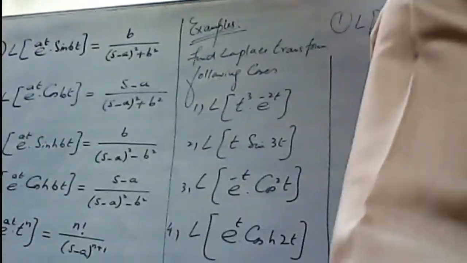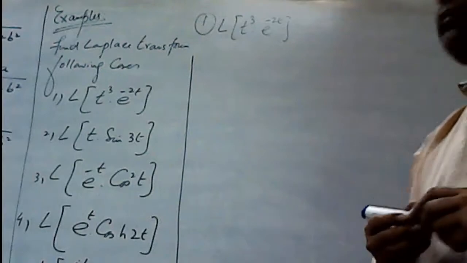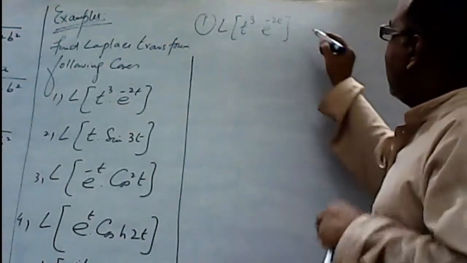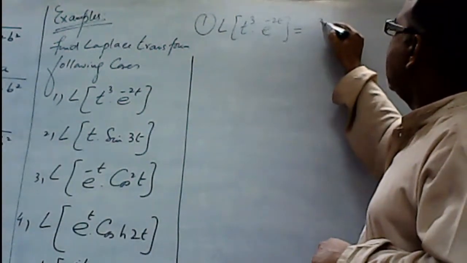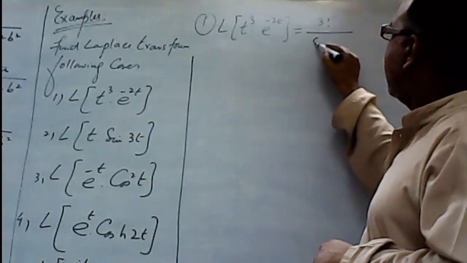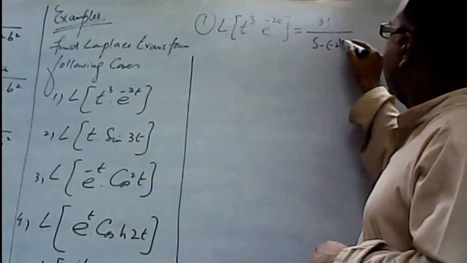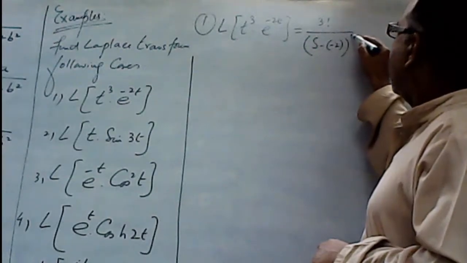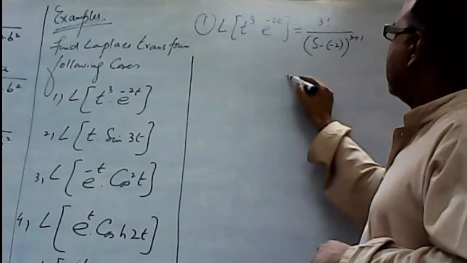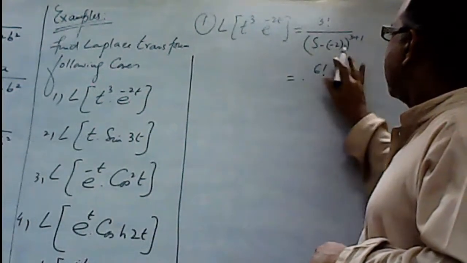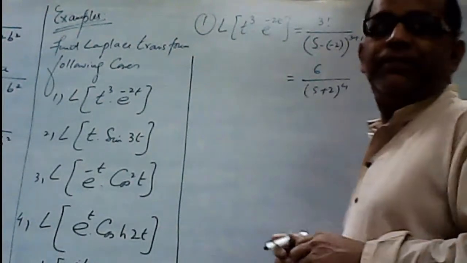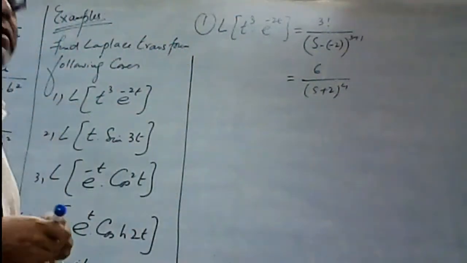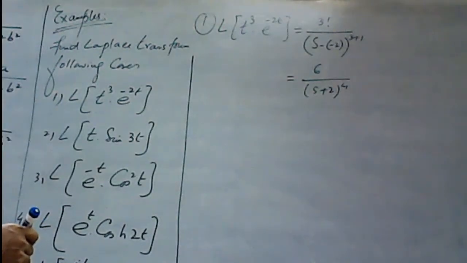So we will directly apply this formula. As per this formula, we write n factorial. Here n is 3, so 3 factorial divided by s minus a, where a is minus 2, power 3 plus 1. So it will be equal to 6 divided by s plus 2 whole power 4. This is one way of directly using formula number 12.